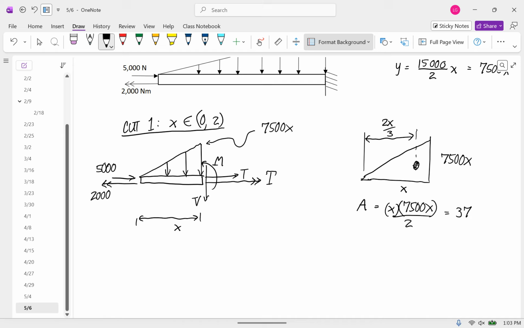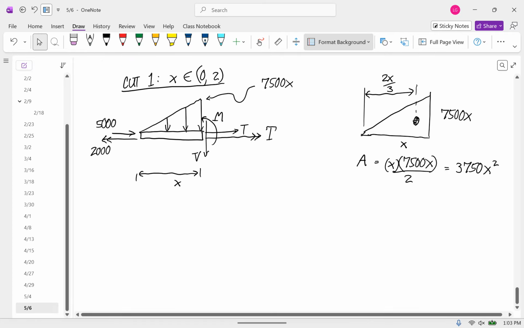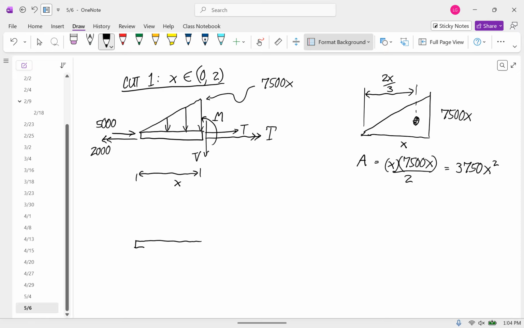So that's 3,750x squared. And now I'll redraw the free body diagram, this time with the distributed load replaced by the point force. We still have the 5,000 and the 2,000. And then the internal loads.